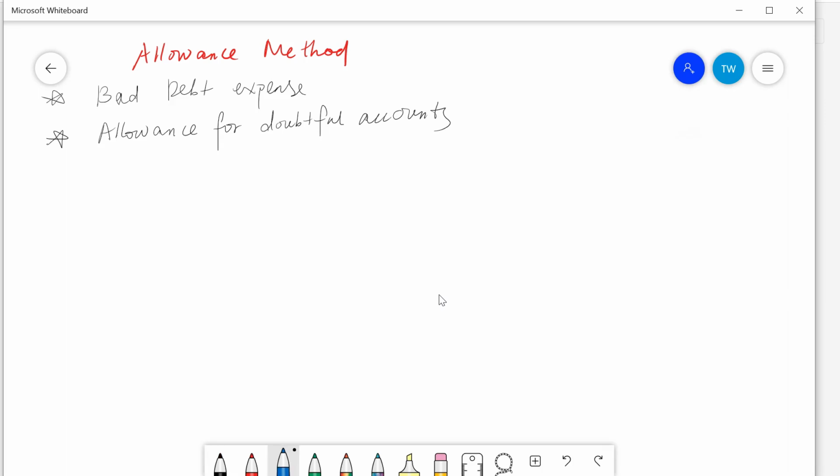Bad debt expense is an expense account. Allowance for doubtful accounts is a contra asset. To be more specific, contra accounts receivable, AR.